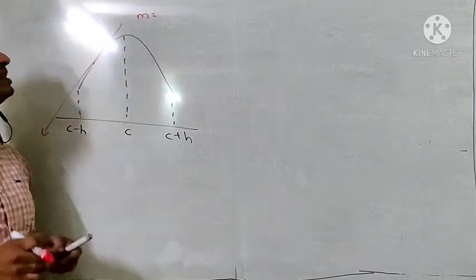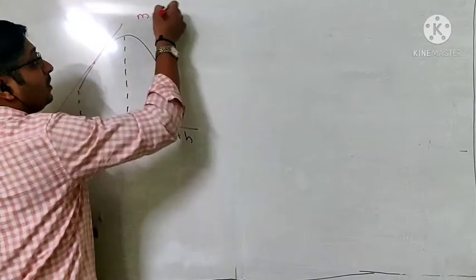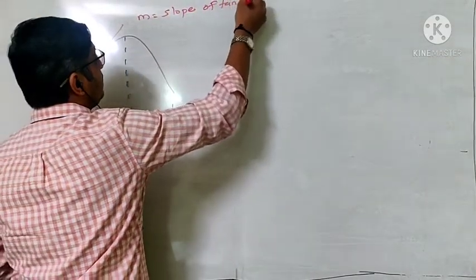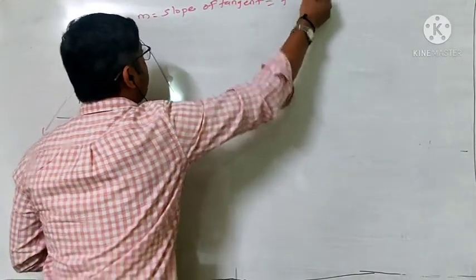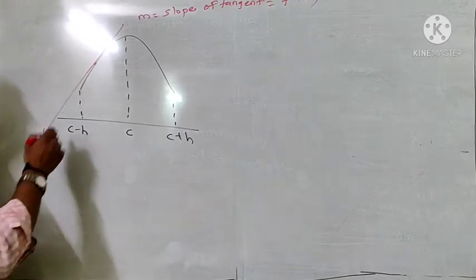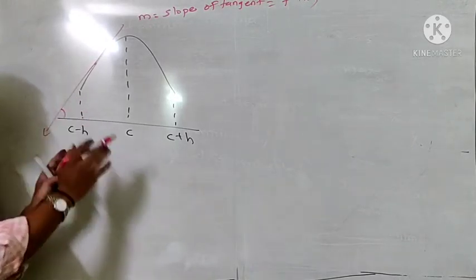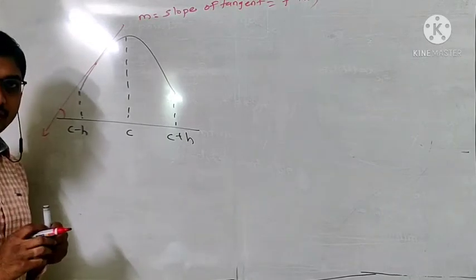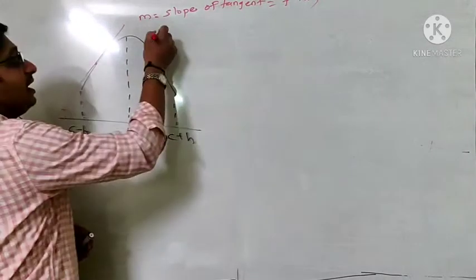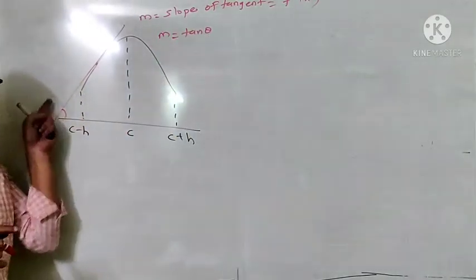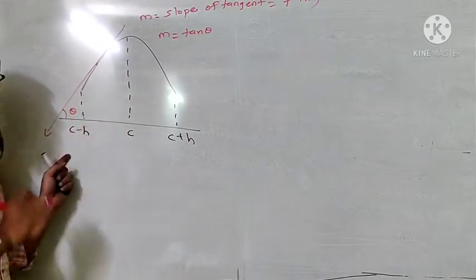Okay, what is the slope of a tangent? That we have already studied. The slope of a tangent is the first order derivative. Okay, so here if I need to find the possible values, we are going to implement the basic concepts from trigonometry. So slope can be defined as tan theta, where theta is the inclination made by the line with the positive direction of x-axis.